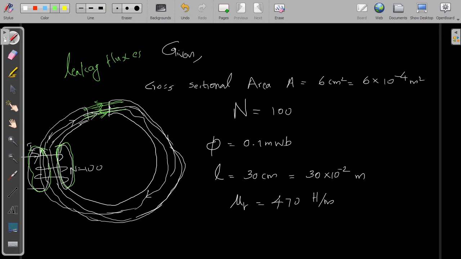So if the flux density increases, that means for a given cross-sectional area, a large number of flux lines are flowing. That means the reluctance will be increased, so that some of the flux lines will be traveling in a curved manner, like this.